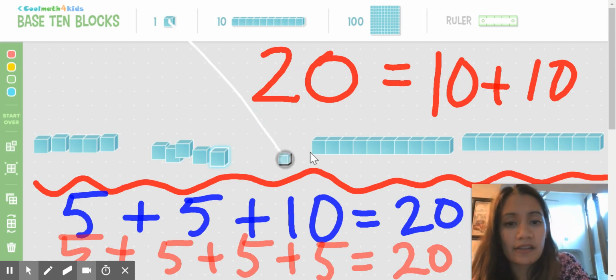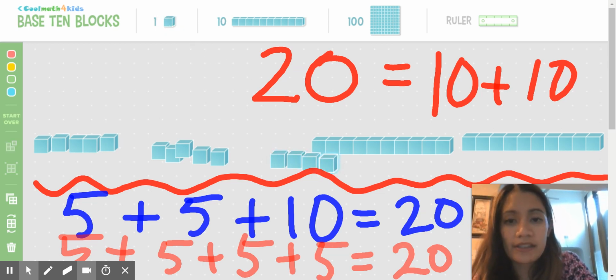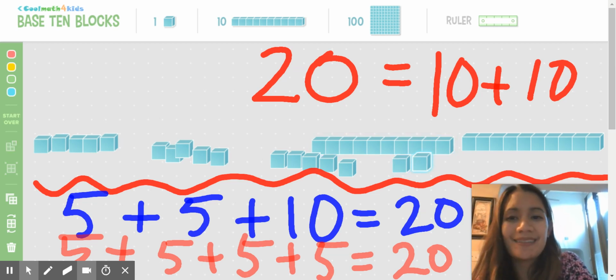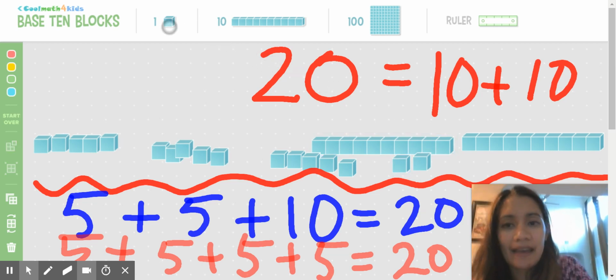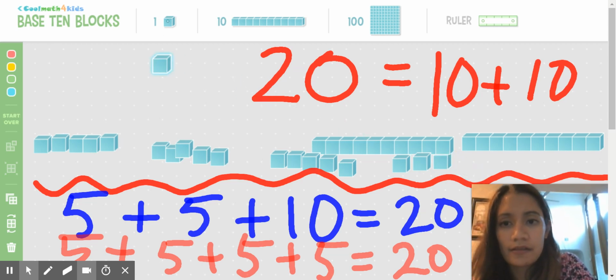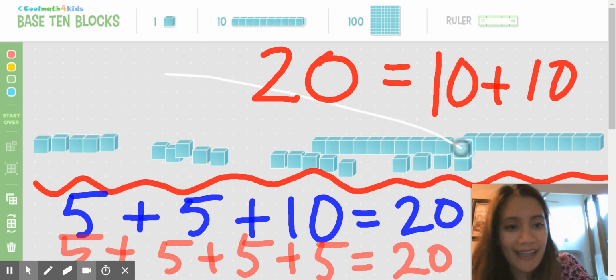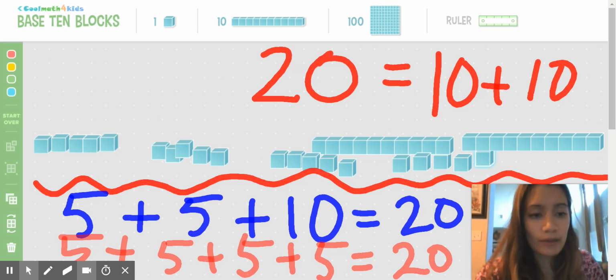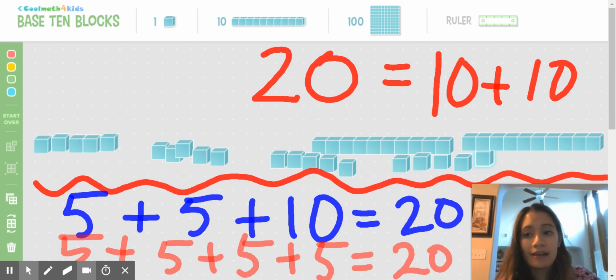We're almost there. 11, 12, 13, 14, 15, 16, 17, 18, 19, and 20.